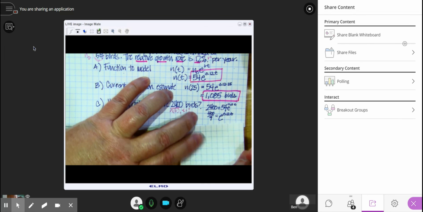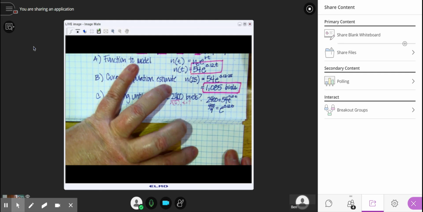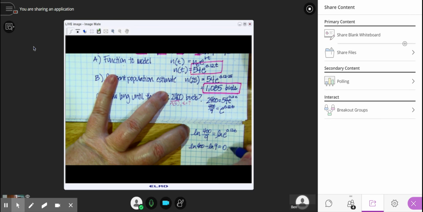Right, so I'm going to take the natural log of both sides. Using my law of logs, that's going to be ln 400 minus ln 9 is 0.12 t.